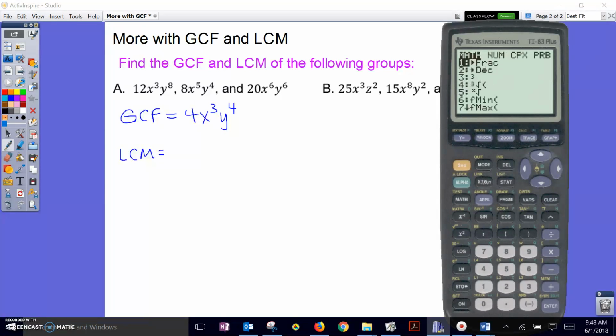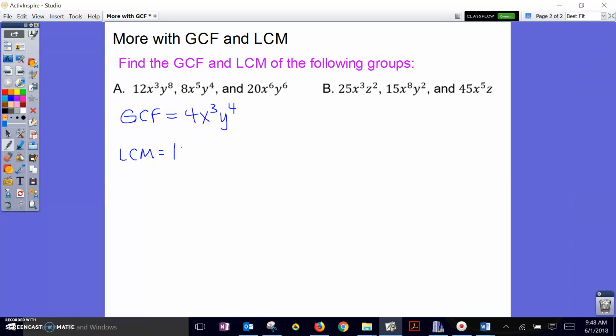And then I want to find the LCM of that and the third numerical portion in our list. And that's going to be 120. All right, and now that's bigger than all the numbers in our list.